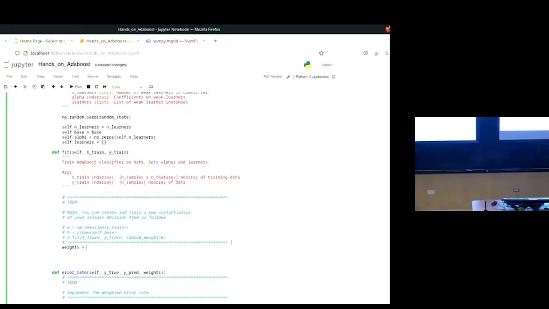In this case, it's going to be np.ones of y_train.shape, and then we can just divide by y_train.shape[0]. This is the number of samples. So those are our weights.